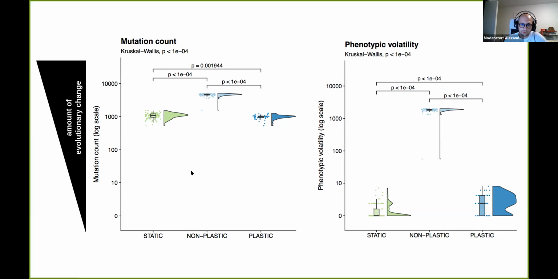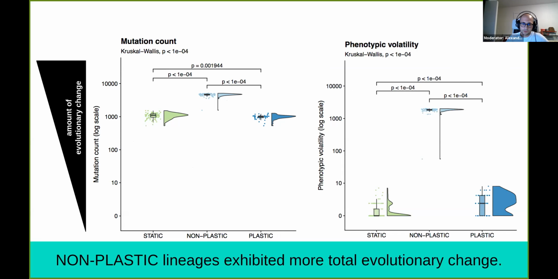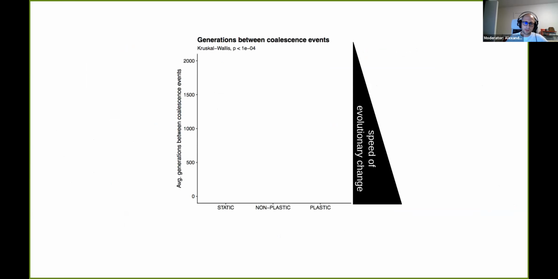The other interesting takeaway here is that these plastic lineages look a whole lot more like the static lineages than they do the non-plastic lineages, despite those two treatments having identical environments. So, big takeaway: non-plastic lineages exhibited more total evolutionary change.